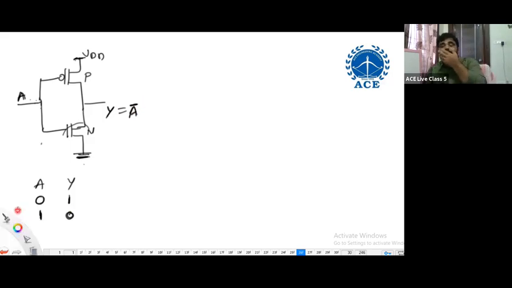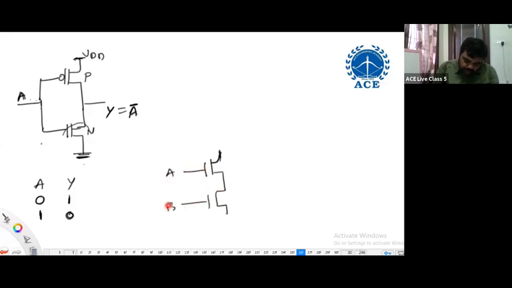Now, let us take a two-input NAND gate. For constructing NAND, two switches must be in series in the pull-down network. Let me say A and B, and here it is Y. And the two transistors which are connected to the same inputs must be in parallel in the pull-up network, because they are dual in nature.